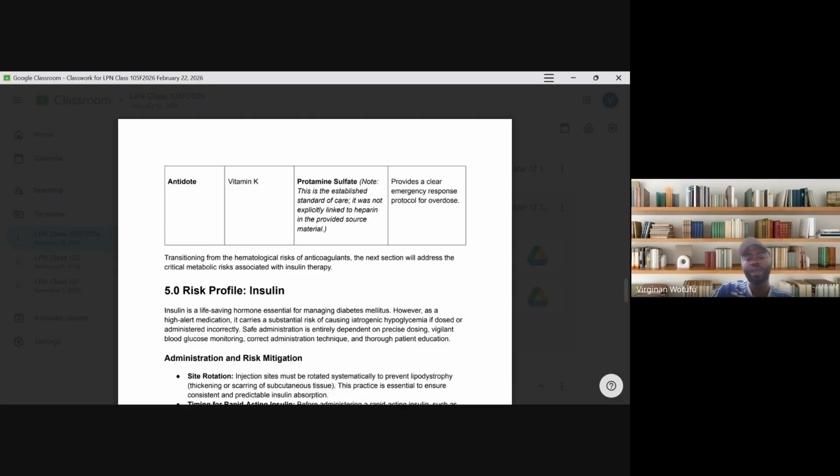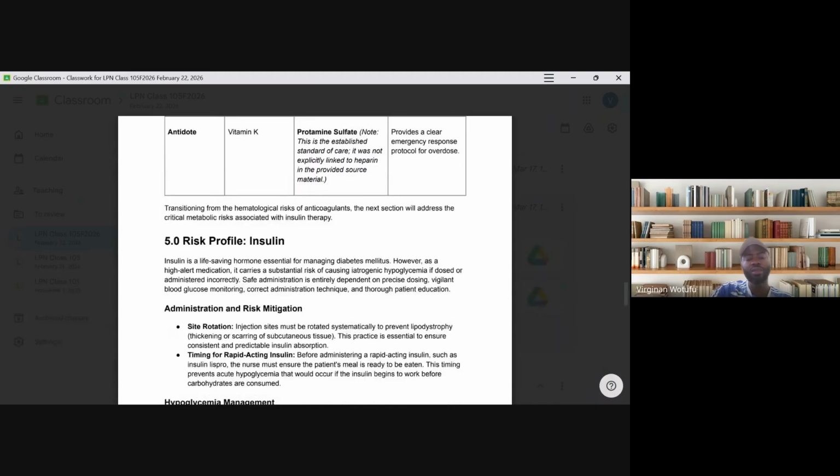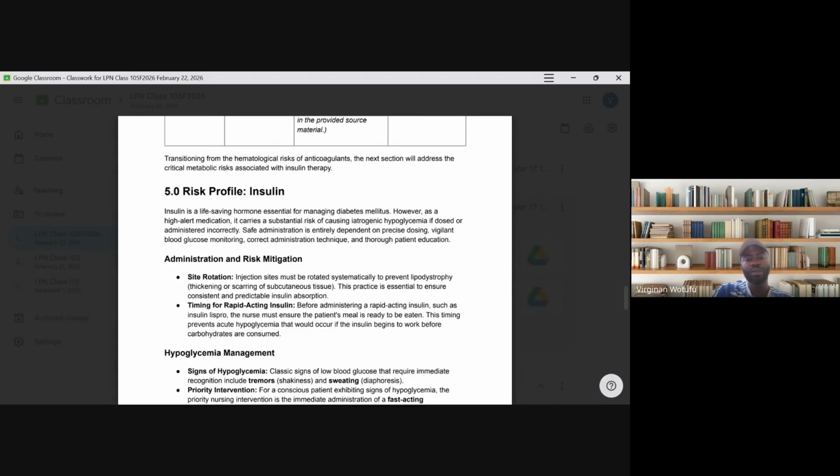So in administering insulin, we look at site rotation. You need to educate or reinforce the teaching about site rotation, like frequently changing sites of administration, right? And timing as well.